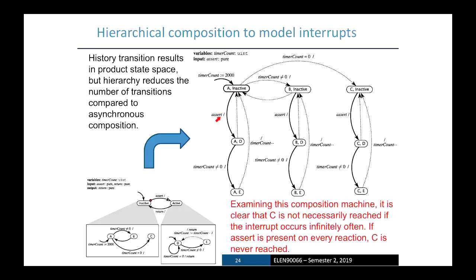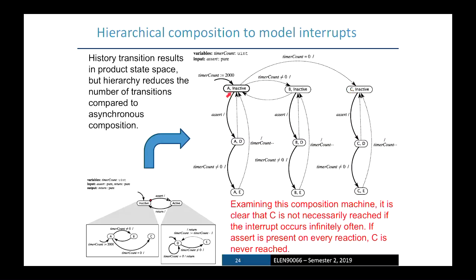What happens if assert, an interrupt, is coming in? Interrupt comes in, you service it. Interrupt comes in. Or even over here, we're at B part of the code, interrupt comes in. So if we look at this diagram, we can conclusively say that if assert is repeatedly asserted, infinitely often, we will never actually be able to get across to here in order to reach part C of the code.